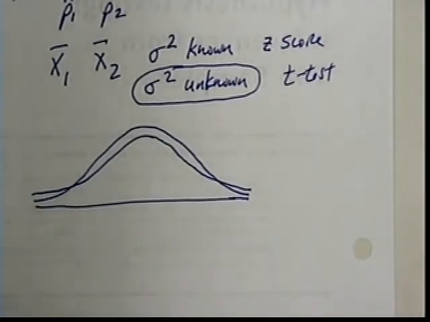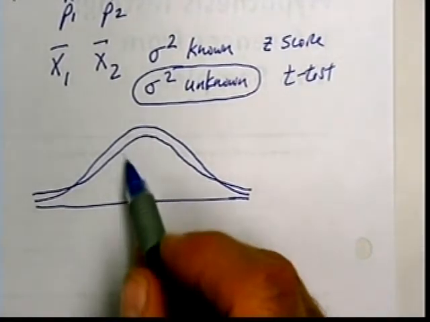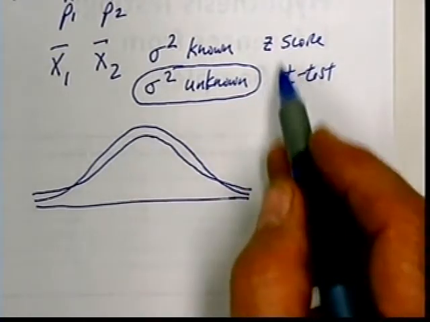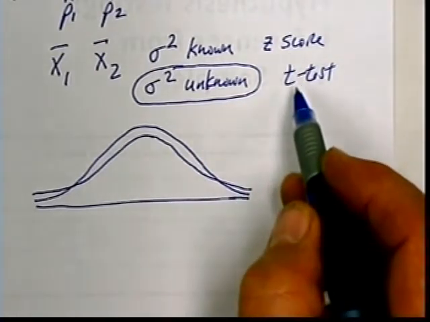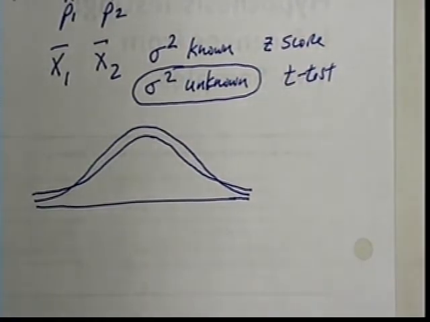Most of the time, especially if the sample size is larger, these get closer and closer together. So as the sample size gets larger, the z-score and the t-score get closer together. As a result, most of the literature just ignores the z-score situation and uses the t-test.